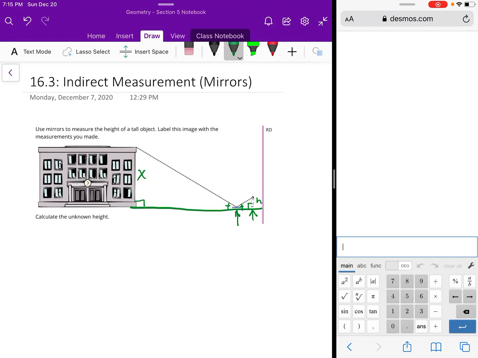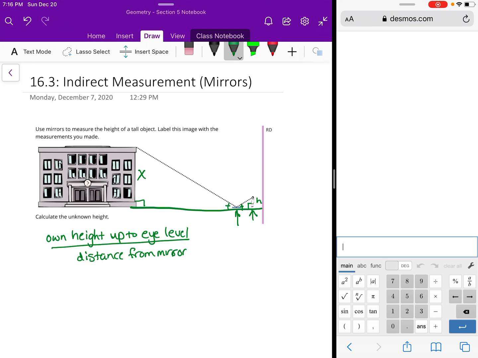So we can take our own height up to eye level, because remember, we're not looking from the top of our head, but we're looking from eye level, and we can divide that by our distance from the mirror, because both of those things are measurable.